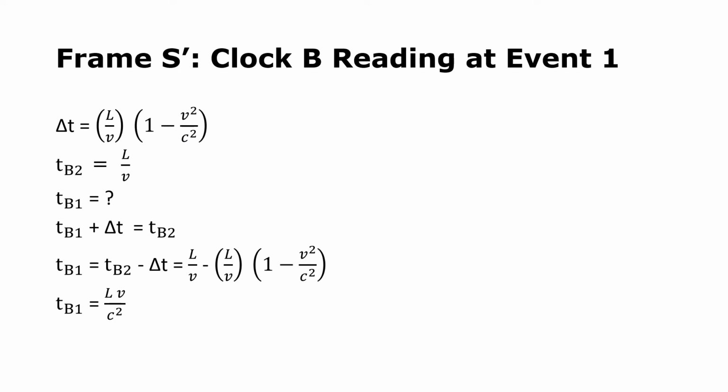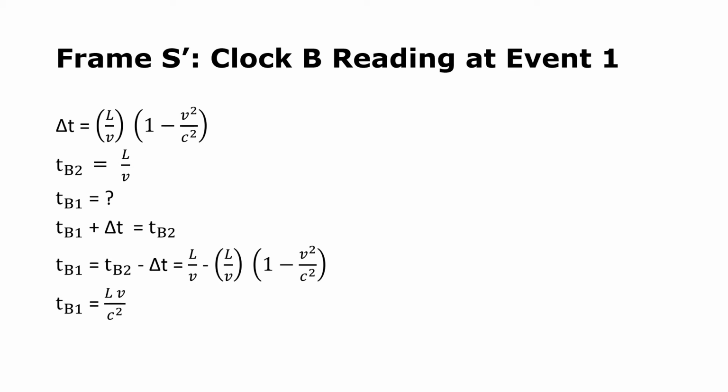As you remember, I had put a question mark for the reading of clock B at event 1 from the perspective of frame S prime. Now we will derive the expression in place of that question mark. That is, we will find the clock B's reading at event 1 as seen by frame S prime.